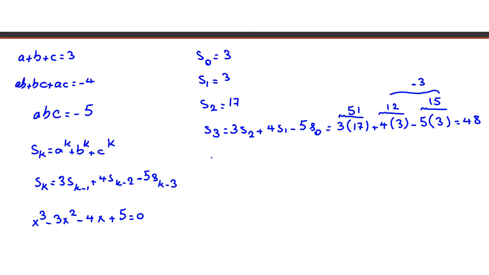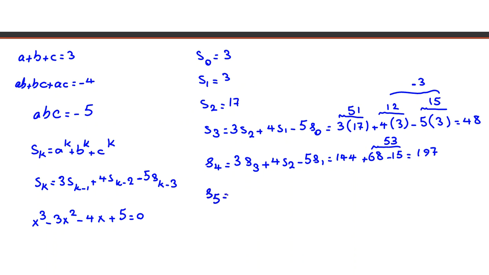S3 is this. S4 is 3S3 plus 4S2 minus 5S1. 3 times 48 is 144, 4 times 68, minus 5S1, minus 15. The sum of them is 197.